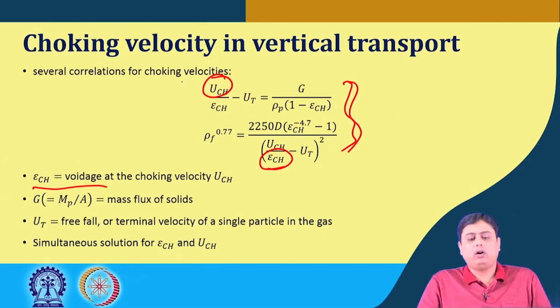So, this is one such example of how the choking velocity can be predicted. There are several correlations available, and those can be taken from the literature. So, this choking velocity, once again we have to avoid and we have to operate above this velocity.